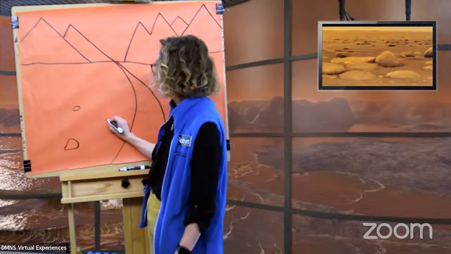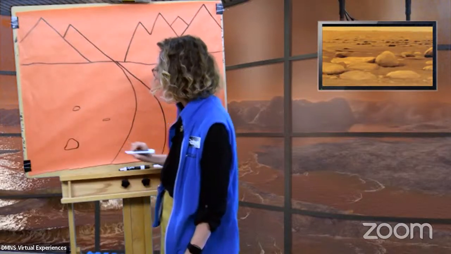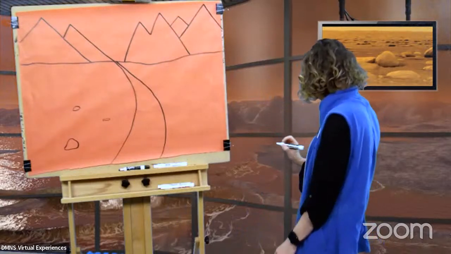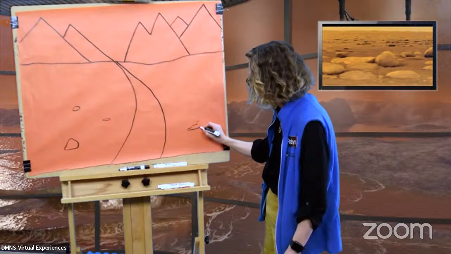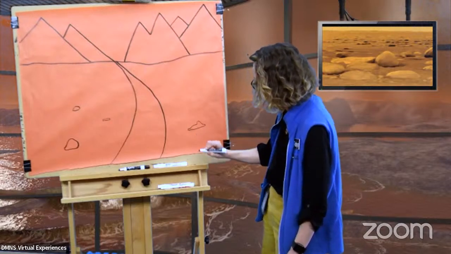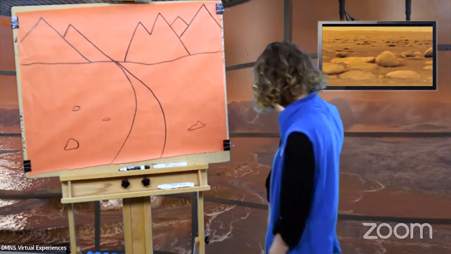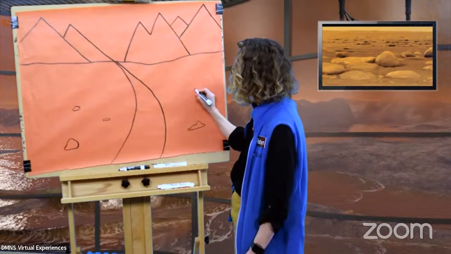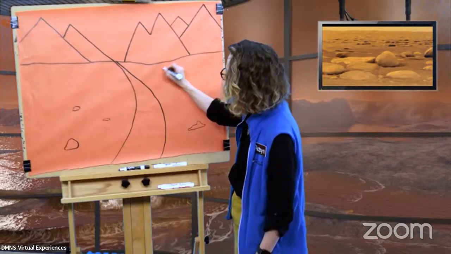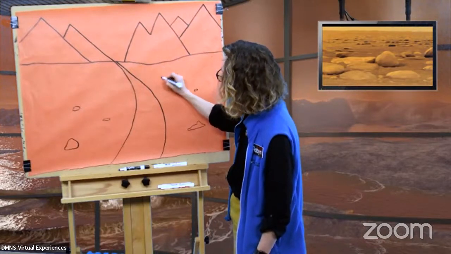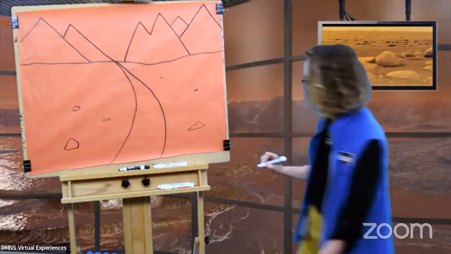So I'm going to make one nice and flat, like that. And same thing over here. Maybe do, oh, that's a different looking rock. Oh, and then a medium-sized rock over here. And then I'm going to put a few more in the background, maybe a teeny tiny one here.